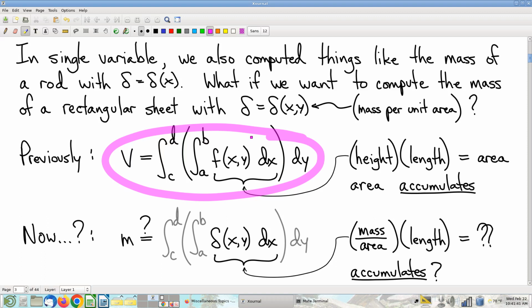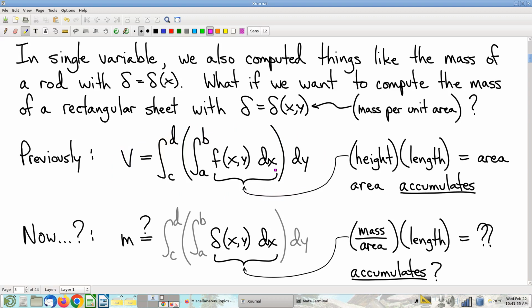I haven't defined the term yet, but we're going to be computing many more things other than just volume. So with single variable integrals, among other things, we computed mass, like mass of a one-dimensional rod or something like that. I'm sure y'all remember those applications.